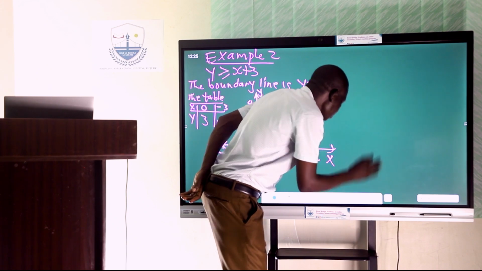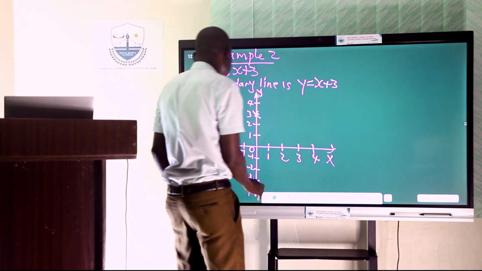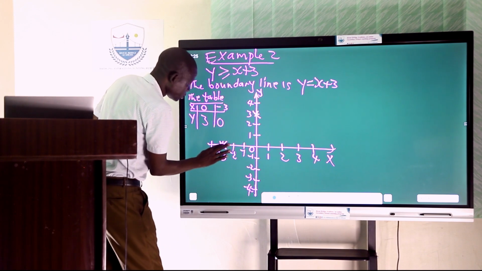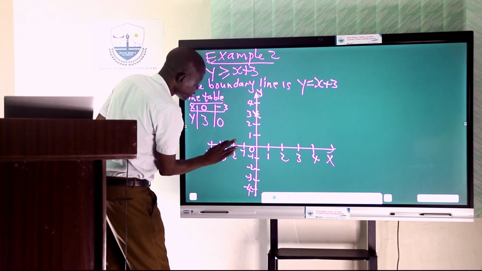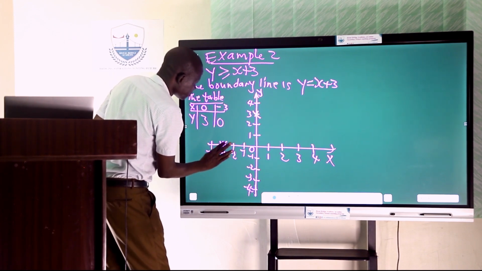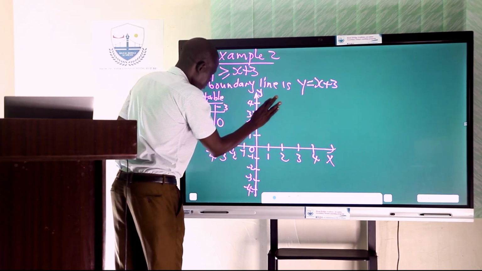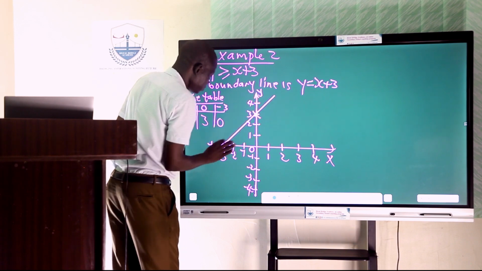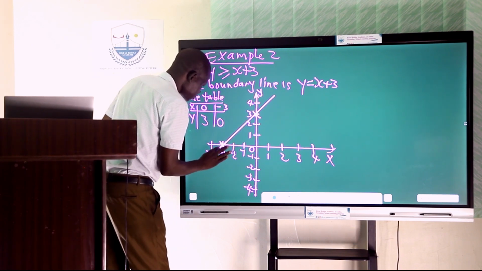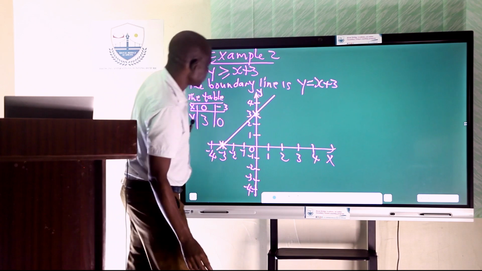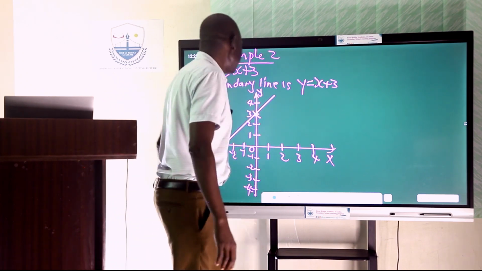We are going to draw a straight line passing through that point. This is how the straight line will be. So this is the straight line.